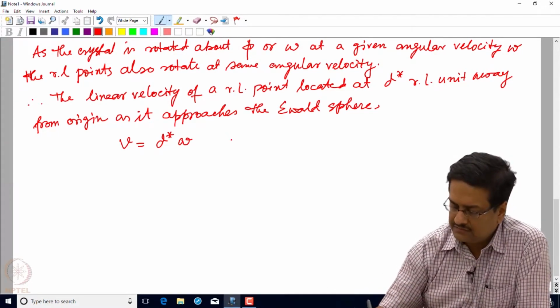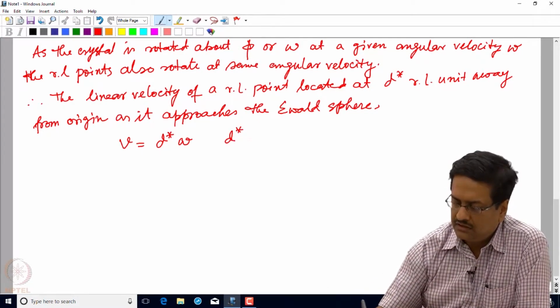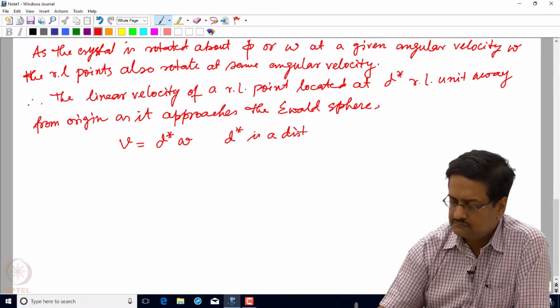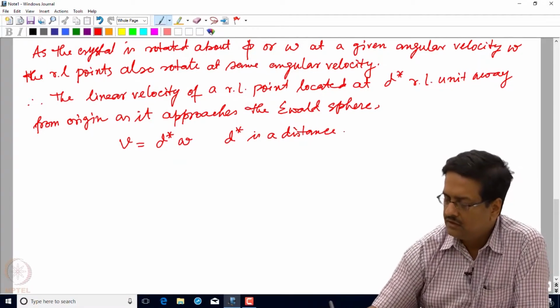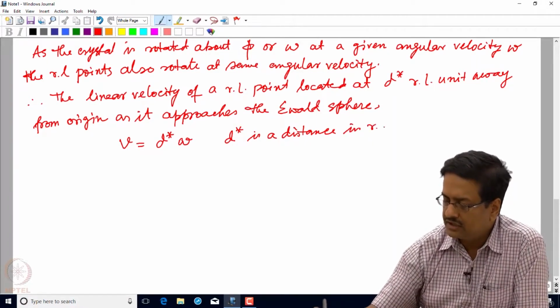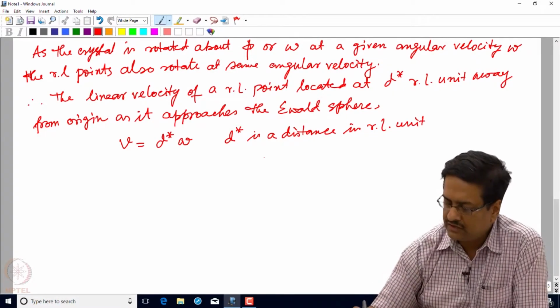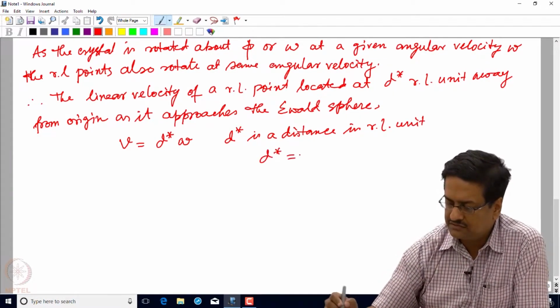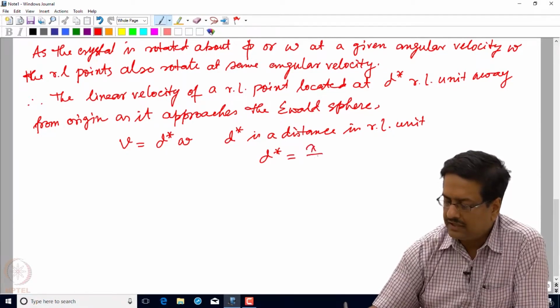Remember, d star is a distance in reciprocal lattice units. So here actually the d star means lambda by d.